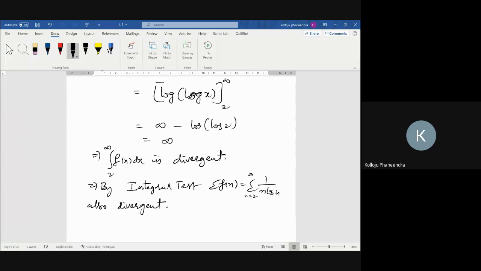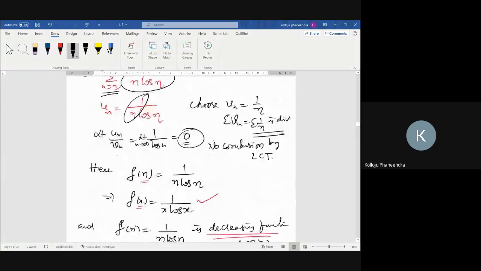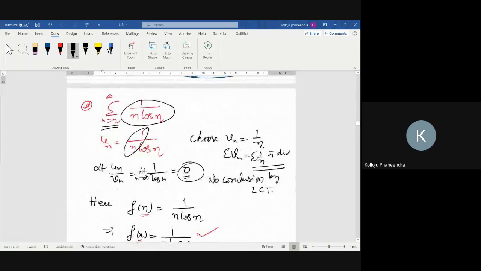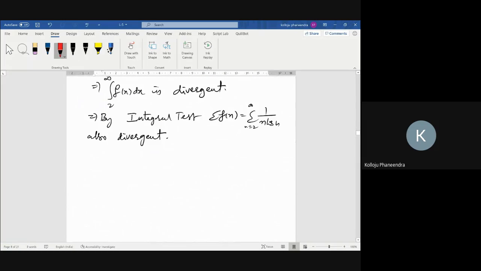Any doubts? Simple problem to understand the concept of integral test. Any doubts? Right?